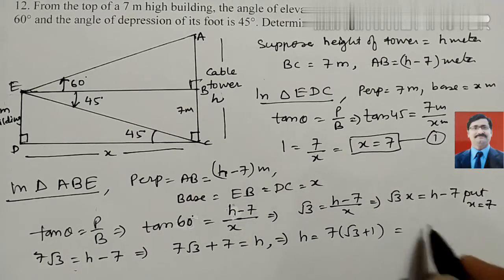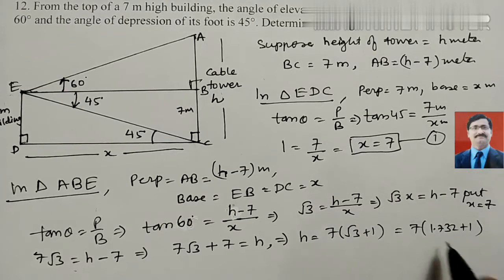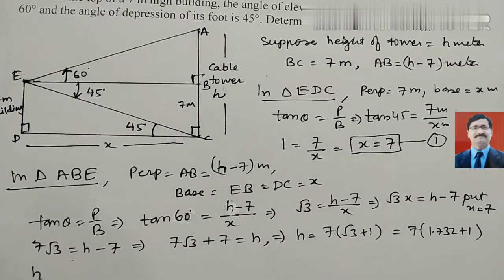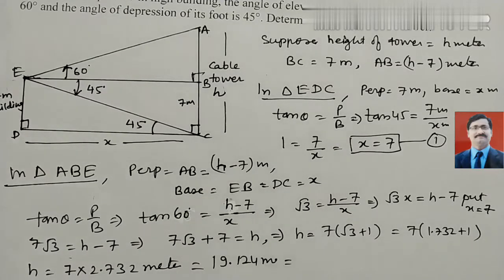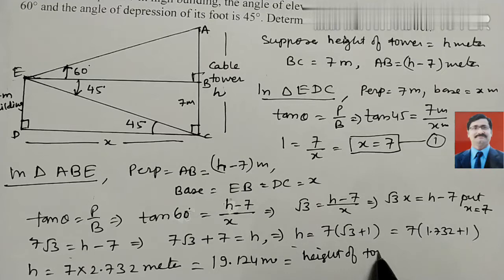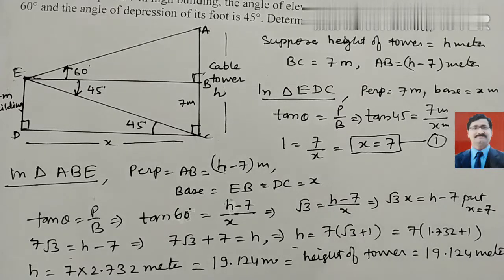Now we put the value of root 3, 1.732 plus 1. So h equals 7 into 2.732 meter, and this is 19.124. So we can write the height of the tower equals 19.124 meter. All understand, this is a very simple solution.